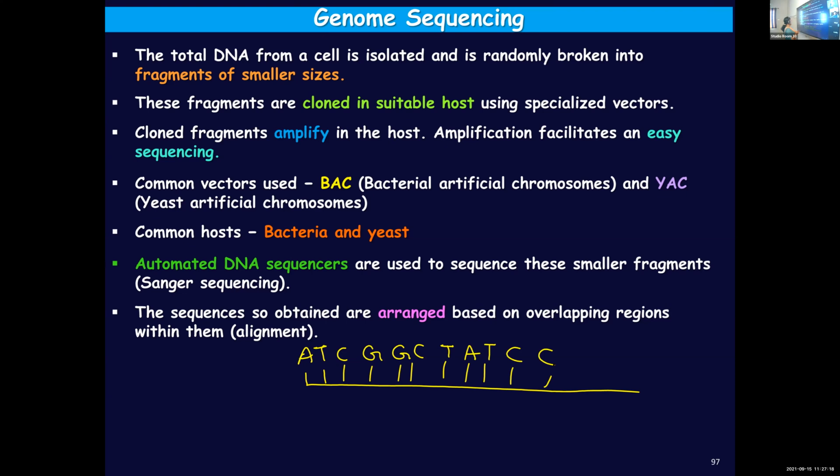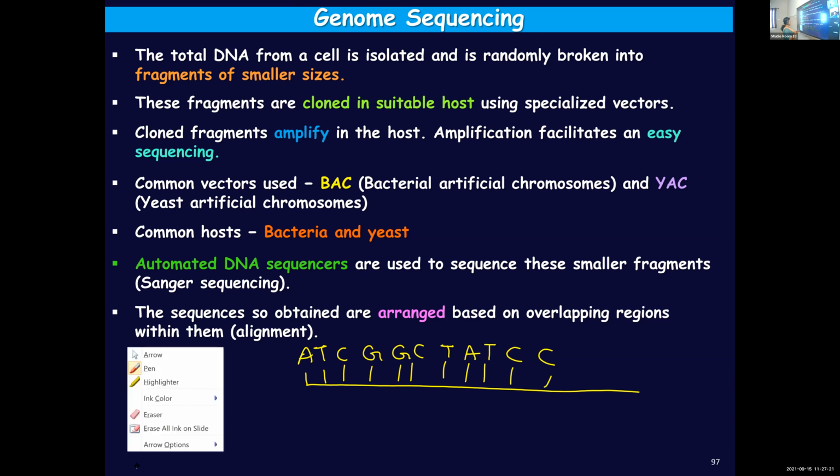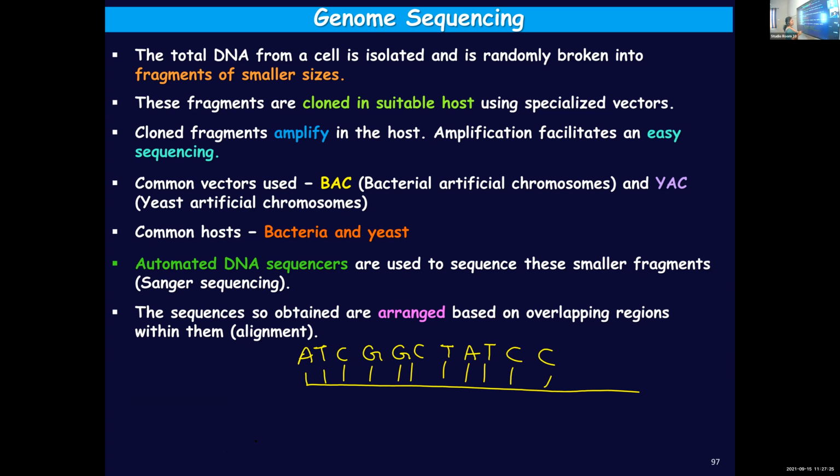Okay, let this be a sequence of nitrogen bases. And you know that 3 of them will form a codon. This forms one codon. Usually it is like this, no? This forms another codon, this another codon, and thereby it continues. But just see if it is like this: ATC forming one codon, CGG forming another codon.